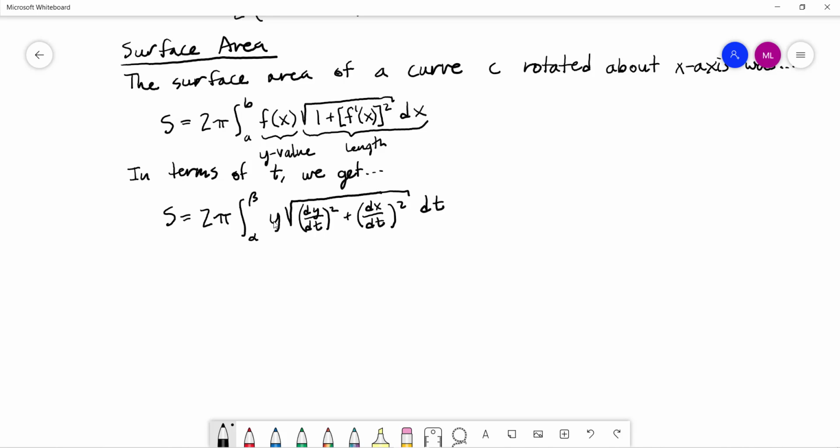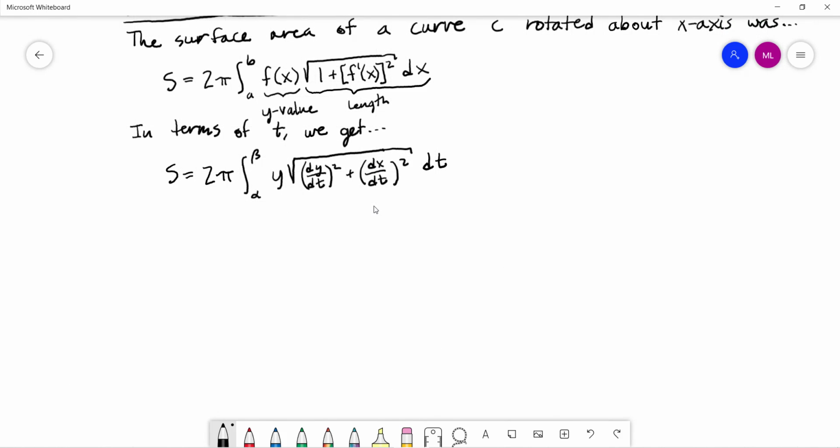Now y itself, a function of t, represents the height. And instead of integrating with respect to x, we need to integrate with respect to time. So that's all of the changes. And you would have a similar one if you go back and look at the other surface area equation for rotating about the y-axis. It has an equivalent form just like this. So let's do an example, because I think that will be the most helpful.